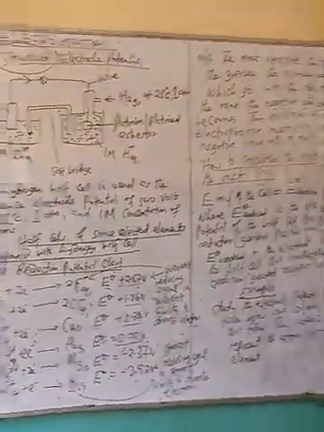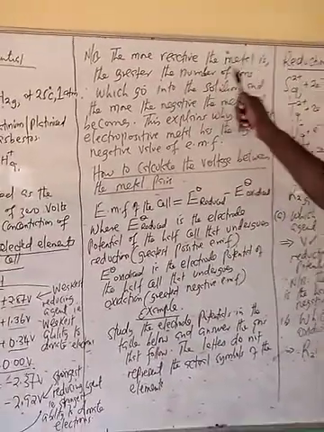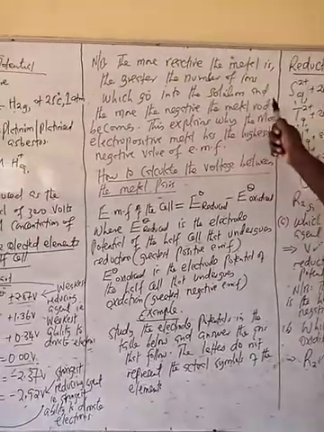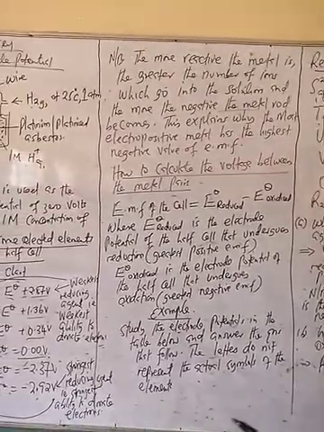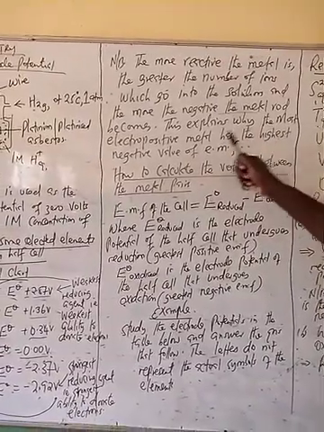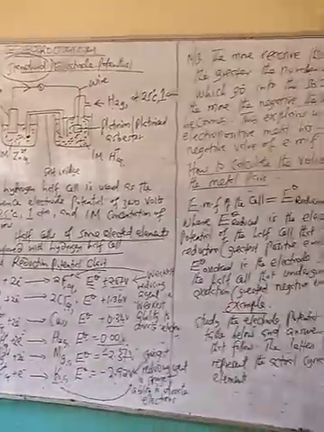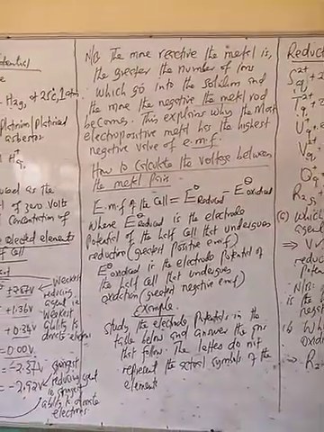So, the more reactive the metal is, the greater the number of ions which go into the solution and the more negative the metal rod becomes. This explains why the most electropositive metal, like potassium, has the highest negative value of electromotive force.